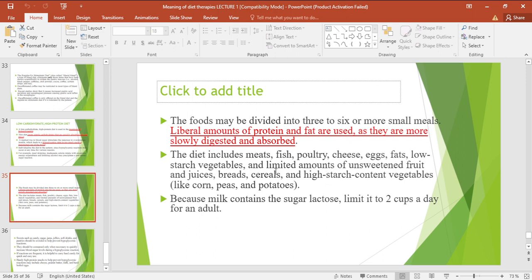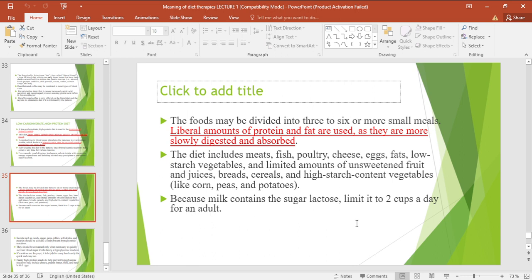This diet includes meats, fish, poultry, cheese, eggs, fats, low-starch vegetables, and limited amounts of unsweetened fruits and juices. You may also include bread, cereals, and high-starch content vegetables like corn, peas, and potatoes.